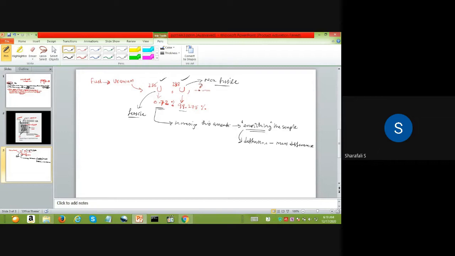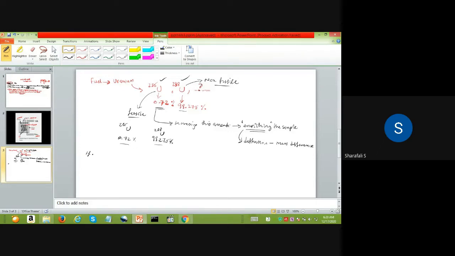Or otherwise you can centrifuge the samples, and there also we can distinguish uranium-238 and uranium-235, another method for enriching. So now it is 0.72 percent uranium-235 and 99.275 percent uranium-238.